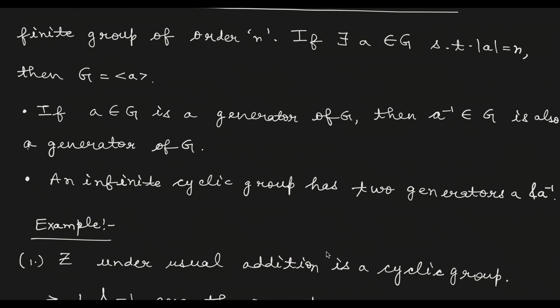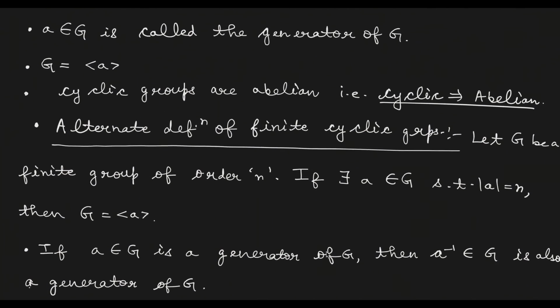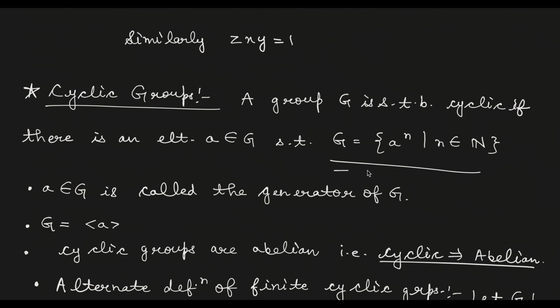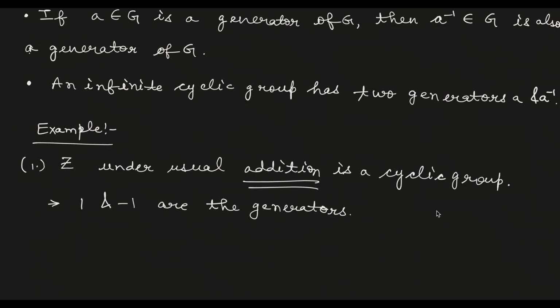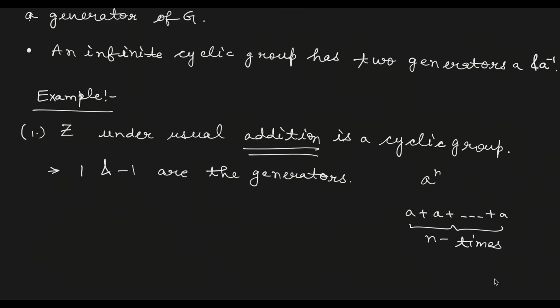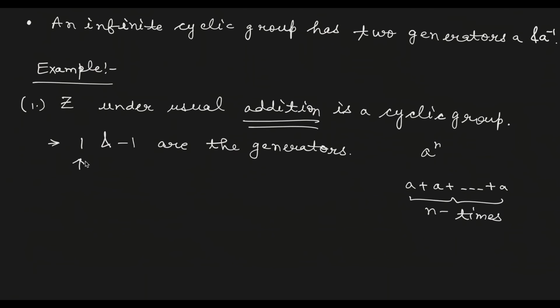What does this mean? That I need to generate all the elements of group G. Operation is addition. So here A to the power n will mean A plus A, and so on, n times. If I use 1, then I can generate all the positive integers, and by using minus 1 I can generate all the negative integers, and by using both of them, 1 plus minus 1, 0 will be generated.